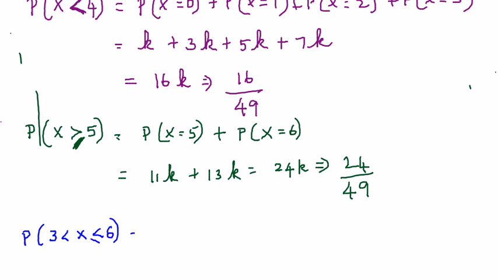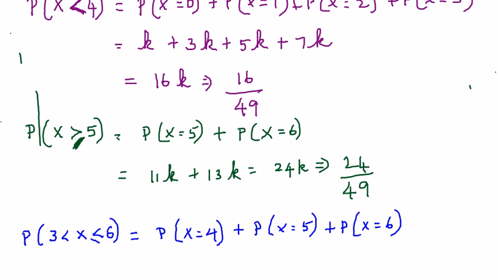So they want us to find the values greater than 3, but not equal to 3. Therefore it will start with 4, right? So P(X=4), P(X=5) and P(X=6).